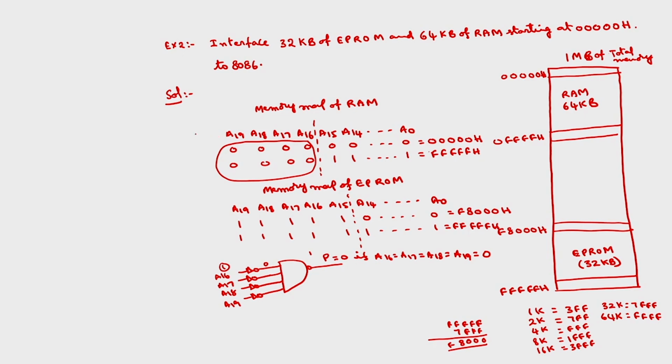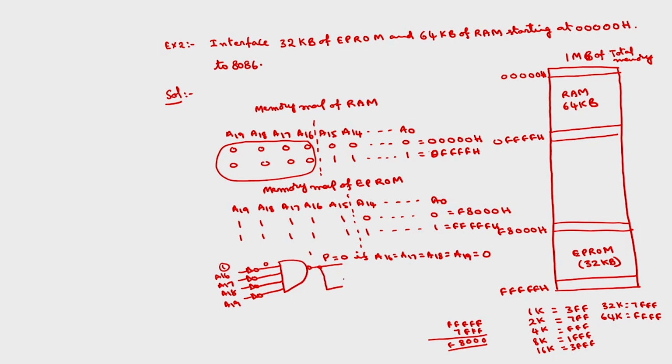This A16 to A19 will be 0 for these combinations of the memory location 00000H to 0FFFFH. Similarly, I am going to derive another signal using this P.